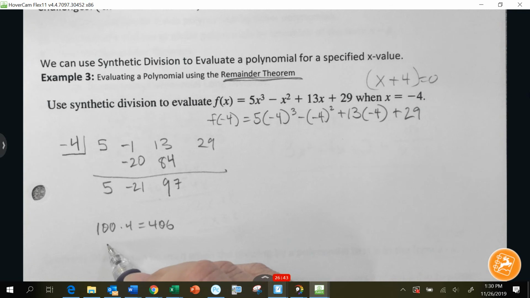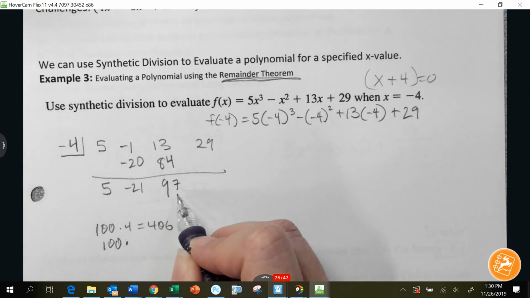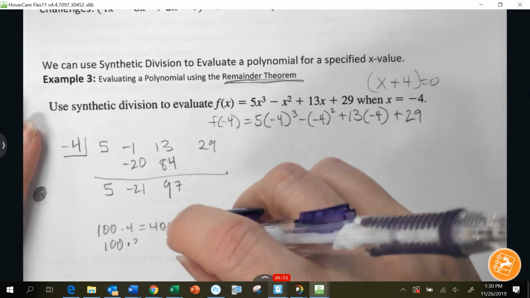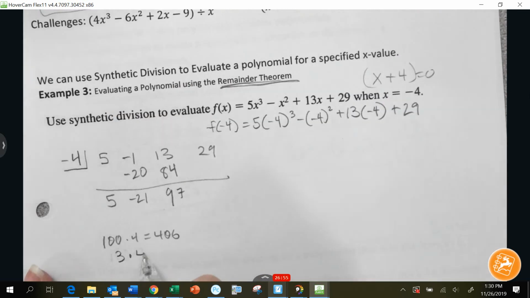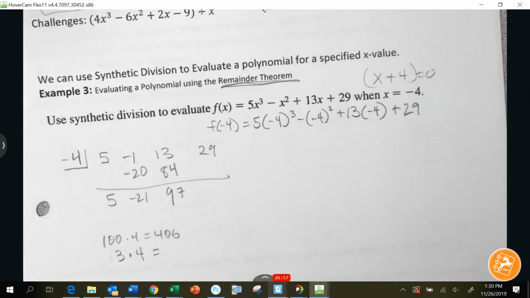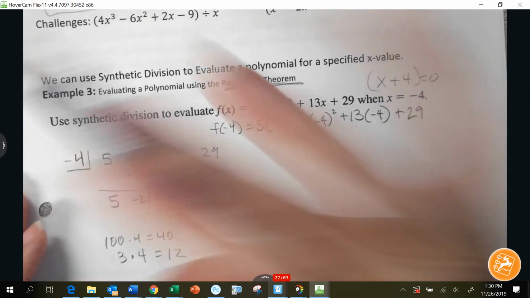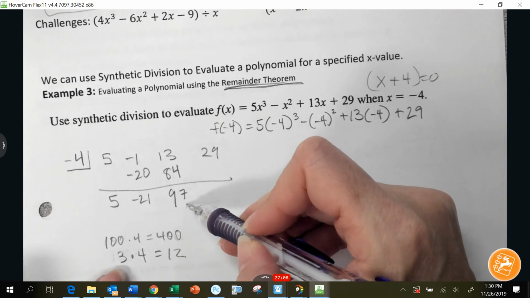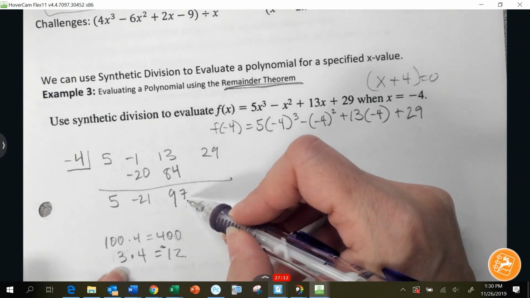And then what's 3 times 4? Well, I'm doing this without a calculator. 12. It's 400. So if you do 100 times 4 and you do 3 times 4 and you subtract them, that's the same thing as doing 97 times 4.